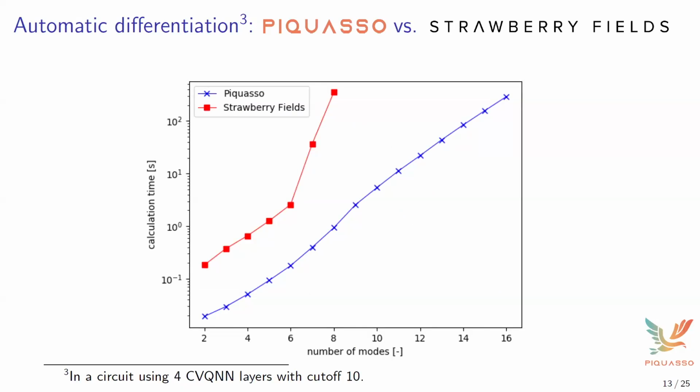And we also tested the automatic differentiation of Piquasso versus Strawberry Fields, and this graph shows that the automatic differentiation is an order of magnitude faster than with Strawberry Fields. It is because we use the graph compilation and the XLA compilation support of TensorFlow, for example.